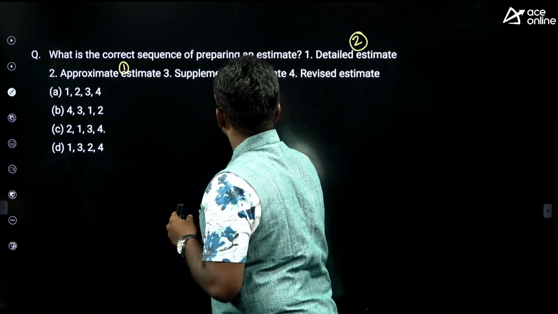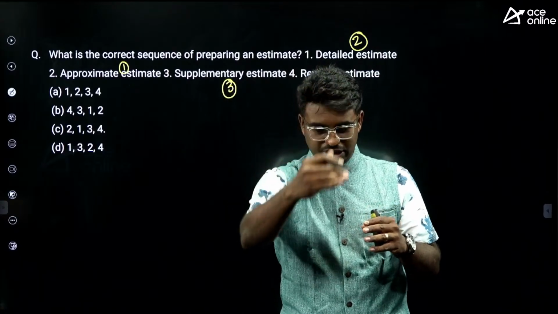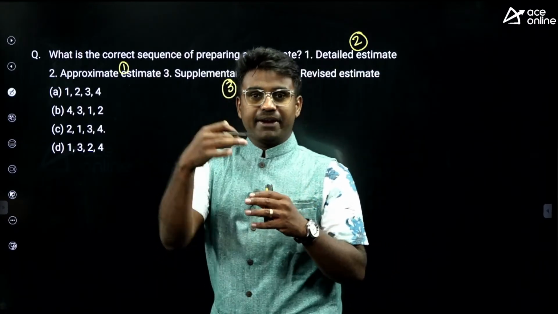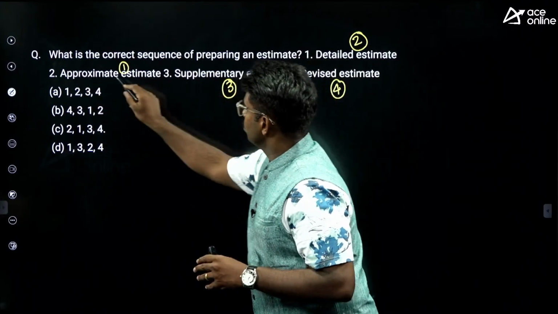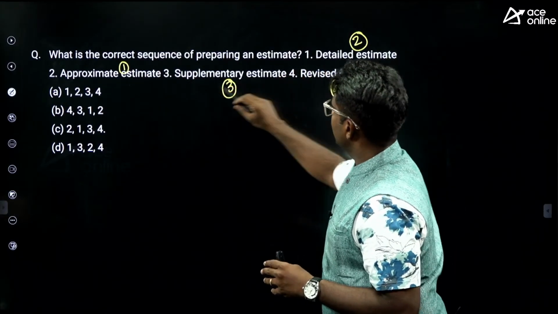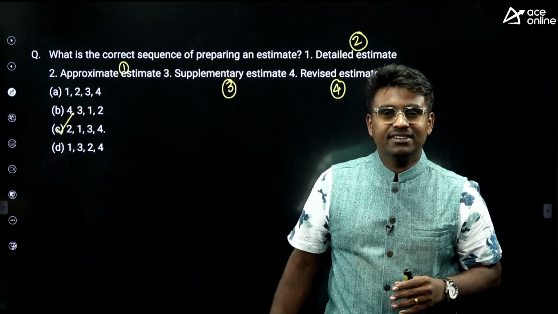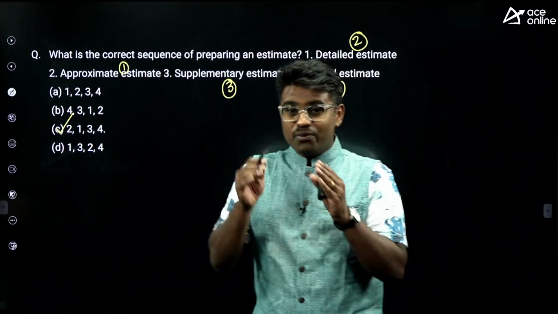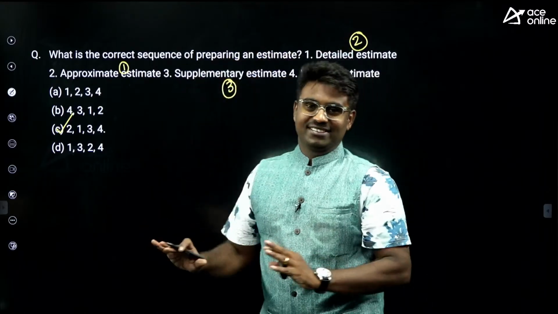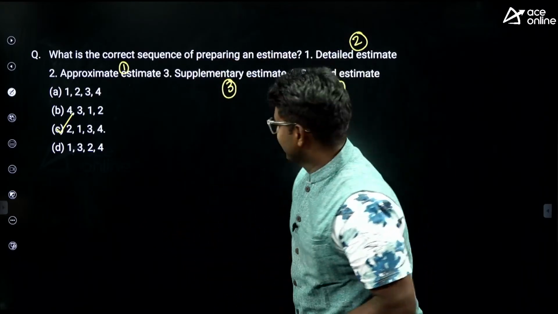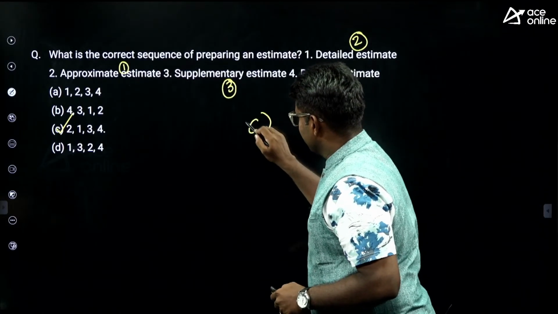You have to do the supplementary estimate, and finally, once you check all together, you make another estimate which is called a revised estimate. See, 2, 1, 3 and 4. That is the answer. Right? Check. So, before you answer this, you have to know all these things. Moving ahead. So, here the option is C.